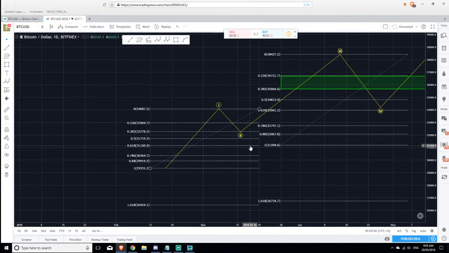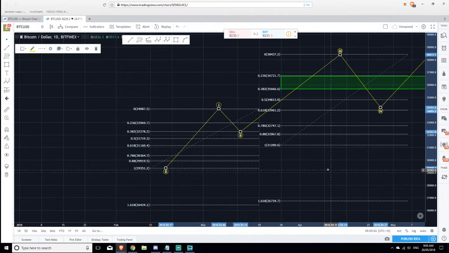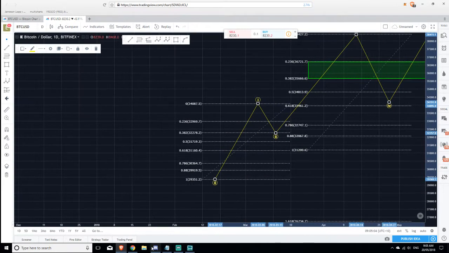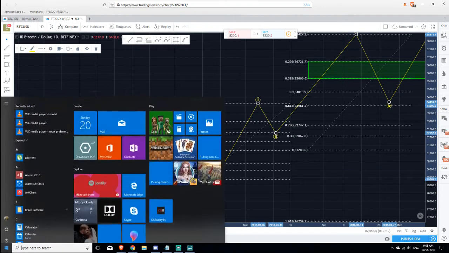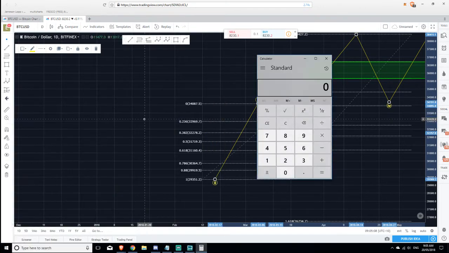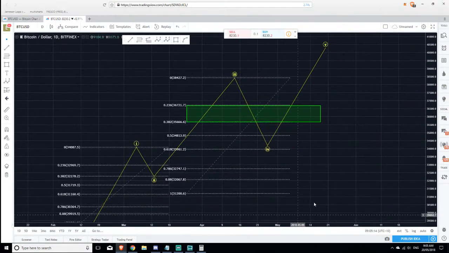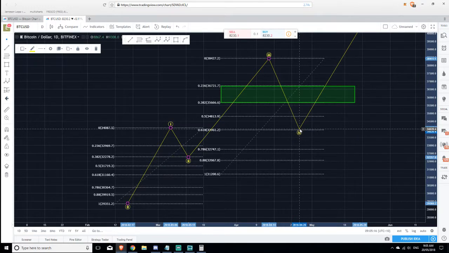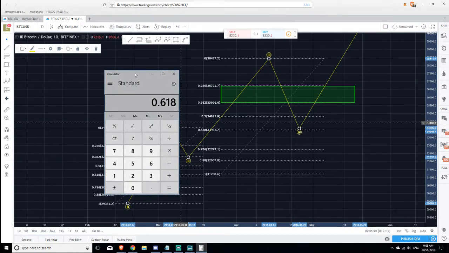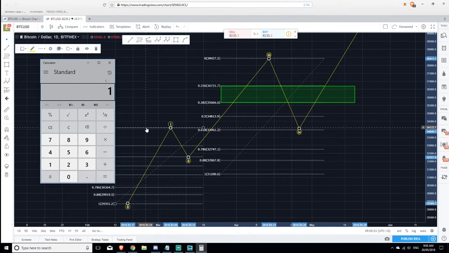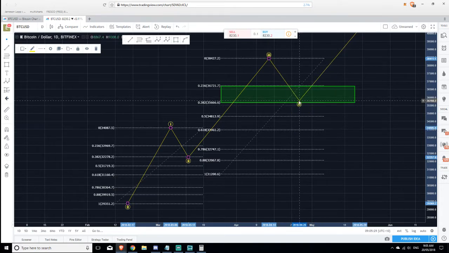If wave 1 retraces to the 0.382, what you do is 1 minus 0.382 is equal to 0.618. So that is the likely retrace target for wave 4, 0.618. Now if wave 1 retraced 0.618, then wave 4 will likely retrace to 0.382.